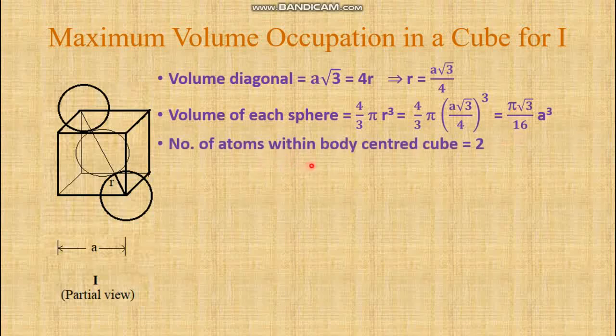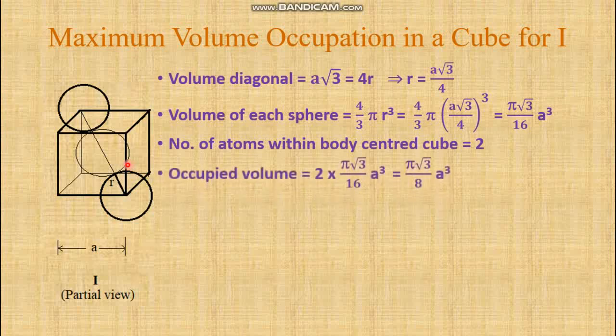Now the number of atoms within the body centered cube assigned is 2, because 2 atoms are within the body centered cubic space lattice. So it should be multiplied by 2 in order to get the overall volume occupancy. So we are multiplying by 2 to get the final value, pi root 3 by 8 a cube.